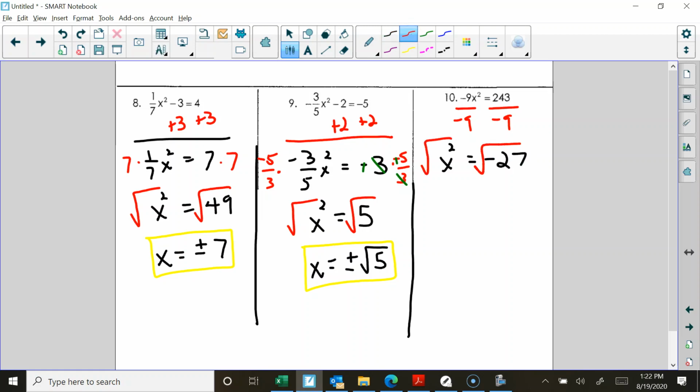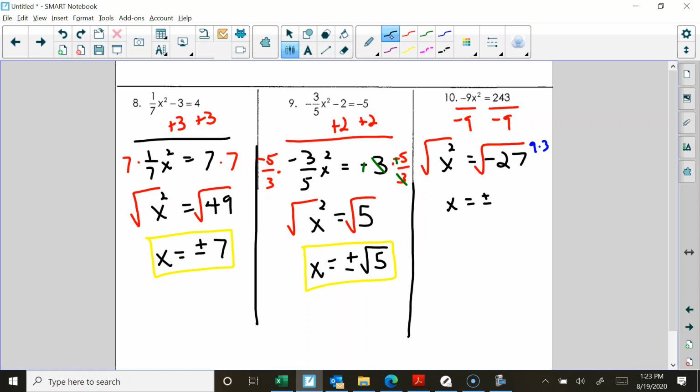Square root both sides. x equals plus or minus. All right, so now we have a negative we have to deal with. That's going to be imaginary. We have 27 we have to deal with. So 27 breaks down to 9 times 3. So in all of that, we got plus and minus from the square root.